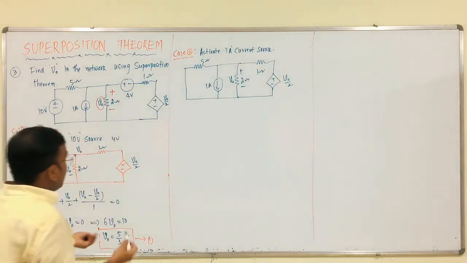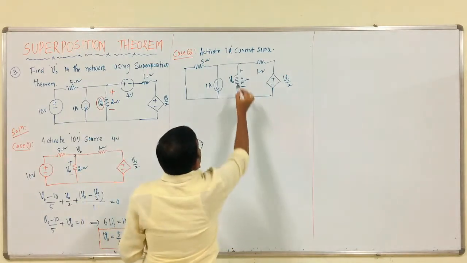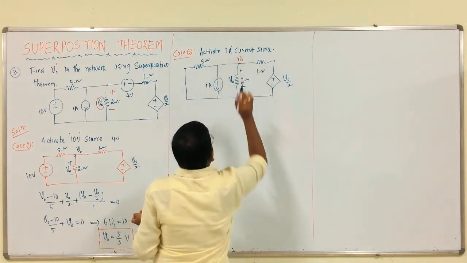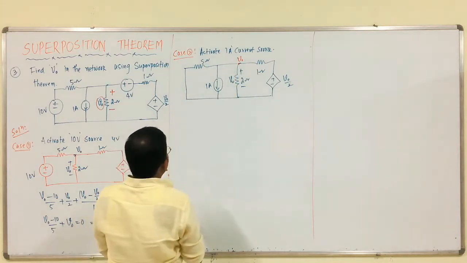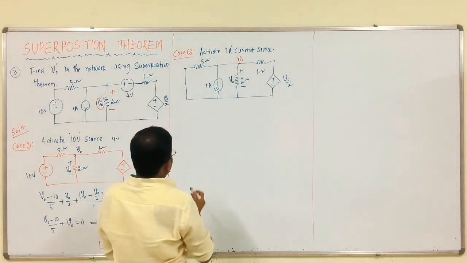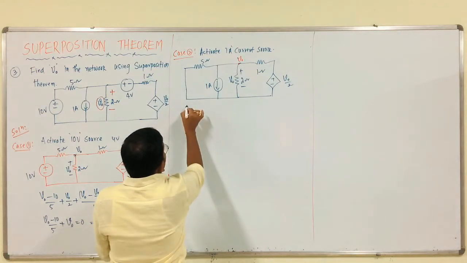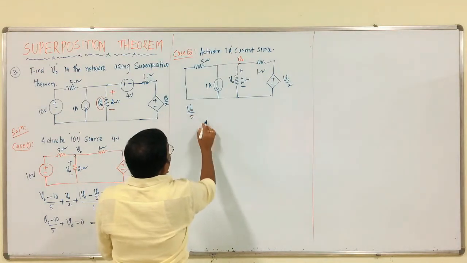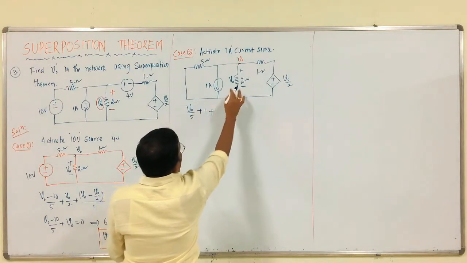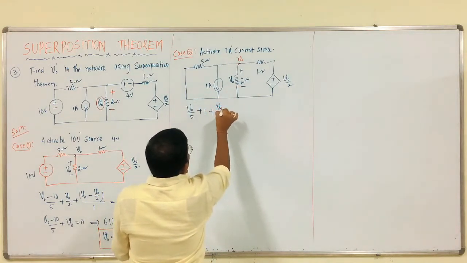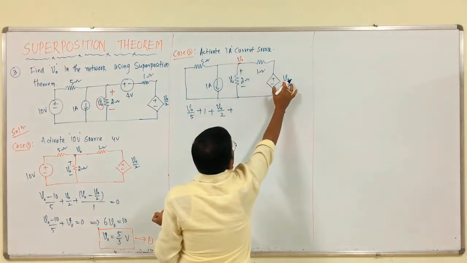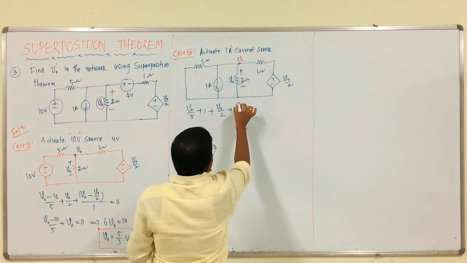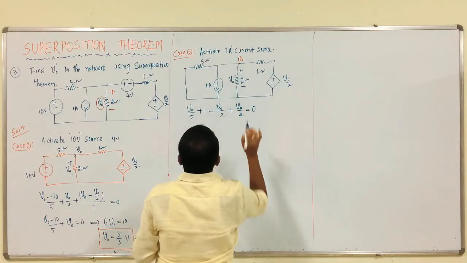Again we have to apply nodal analysis. This is nothing but V naught. 1 ampere is leaving from this node, again V naught by 5 is leaving, plus coming to this V naught by 2 plus V naught minus V naught by 2, by 1, that is nothing but V naught by 2, which is equal to 0.